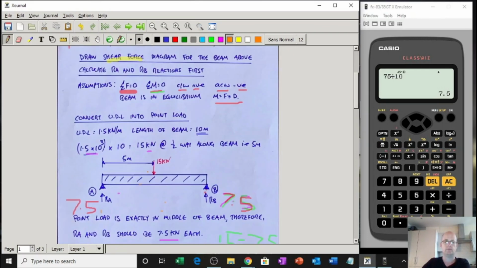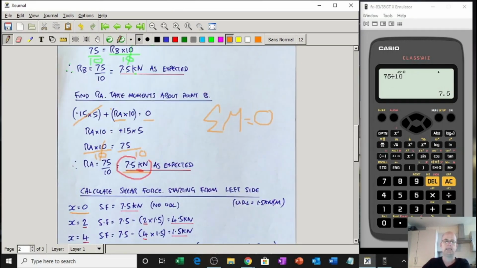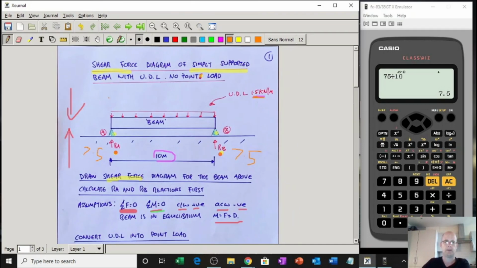So, first one, x equals 0. All we can see at x equals 0 is that 7.5 coming up, just like in a previous example. So at x equals 0, which is here, all I can see is a 7.5 coming up.